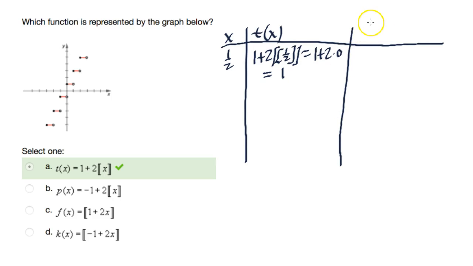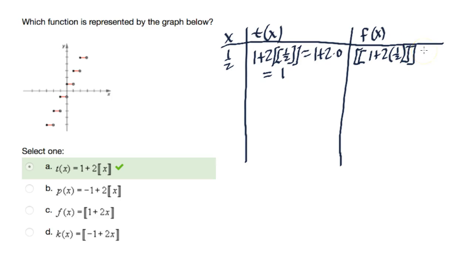Let's look at, I guess, C. So f of x, we have 1 plus 2x, but that's all inside the greatest integer function. So it's 1 plus 2 times 1/2.